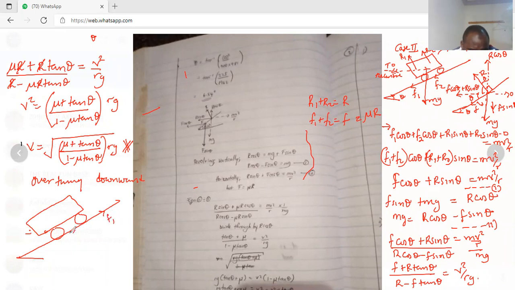F1 up, F2 up, reaction R2, reaction R1. More of these derivations are in Understanding Mechanics by Roger Muncaster. So please go ahead and prove for me the equation for velocity when the car tends to overturn downwards, as I've derived when the car tries to overturn upwards.